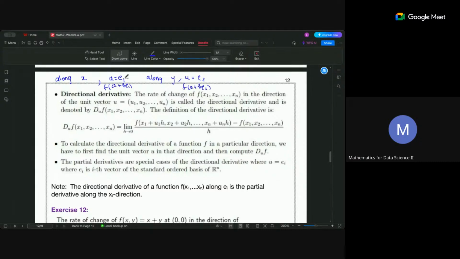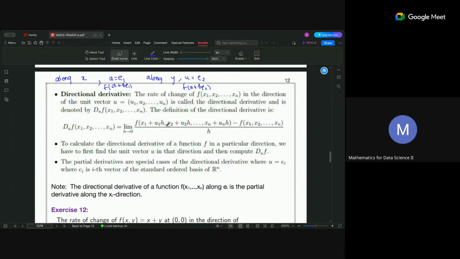So instead of u equal to e1 or u equal to e2, u can be some other unit vector. For example, if you are taking y is equal to x, then you consider the unit vector along y is equal to x. So that particular thing you are adding up here: f of a plus hu. Instead of e1 you are adding u, that's all.